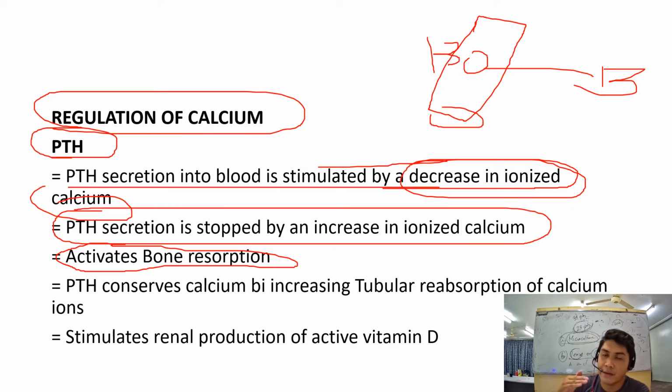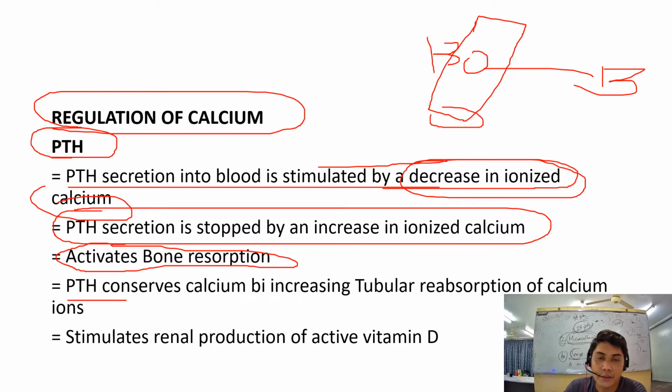If the concentration of calcium reaches the normal range, the parathyroid gland will stop its production of PTH, or slow down its secretion.